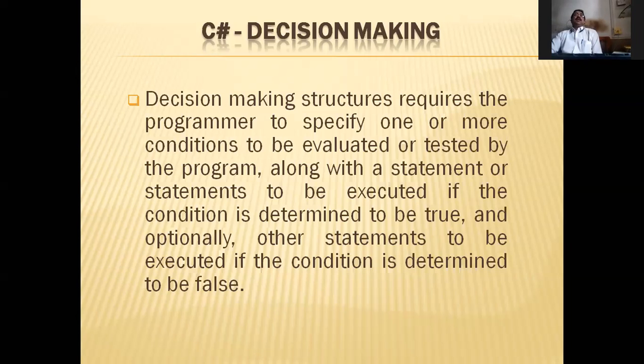In every language, there are decision making structures. So for branching and looping, we have to take the branches to be executed when C# takes the decisions, and these decisions will be based on the conditions specified in the early level of programs.